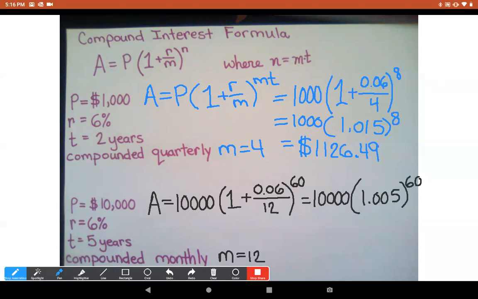We raise the 1.005 to the 60th, and then multiply that result by 10,000, which gives me a dollar amount of $13,488.50, rounding to the nearest cent. So after 5 years in this account, we earned $3,488.50. Not bad if you put some money away, right?